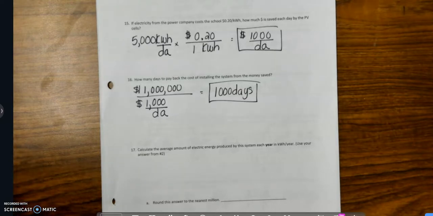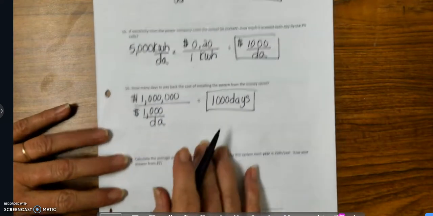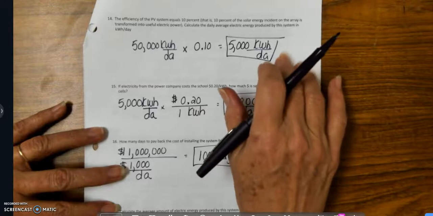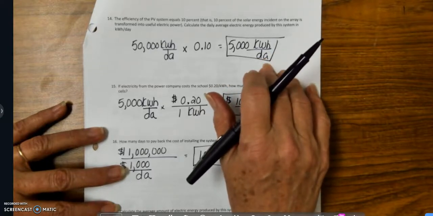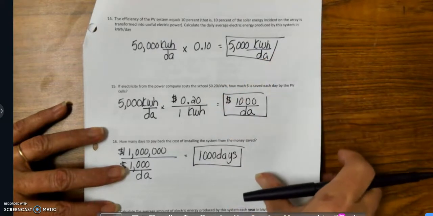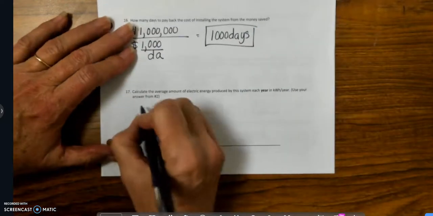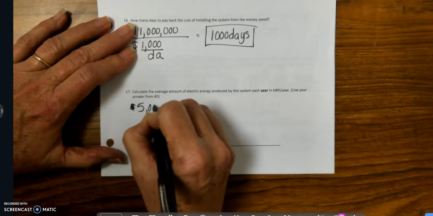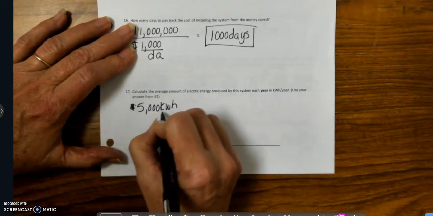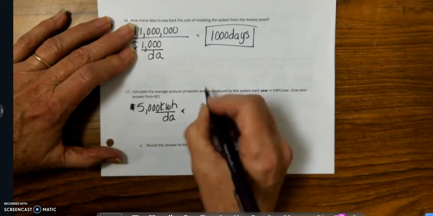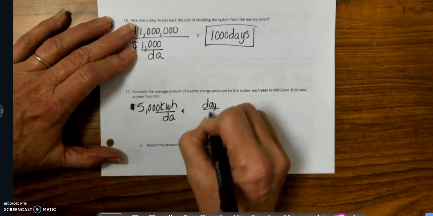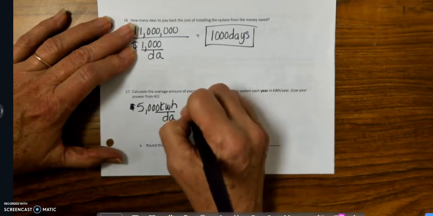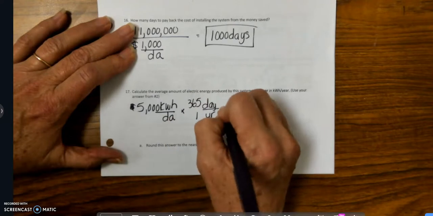Calculate the average amount of electrical energy produced by the system each year in kilowatt hours per year. So let's go back up to our energy. There's my energy per day. But now I've got to do energy per year. So let's take our value, 5,000 kilowatt hour per day. I want to get rid of days. I want to go to year. 365 days is 1 year.